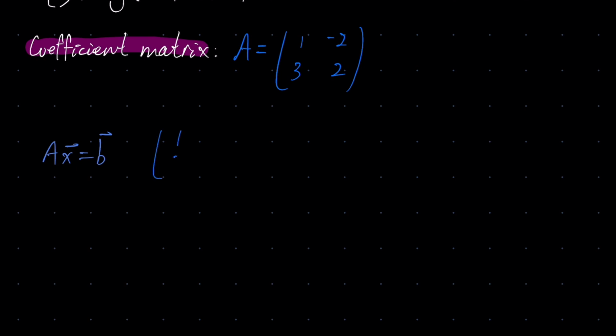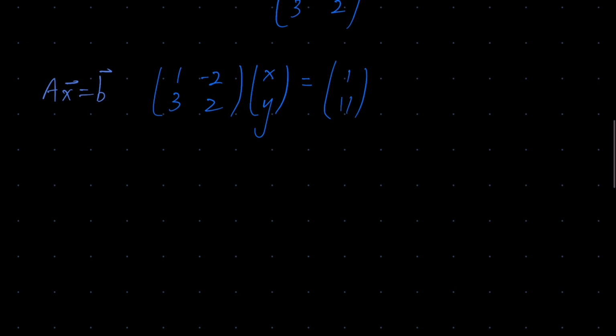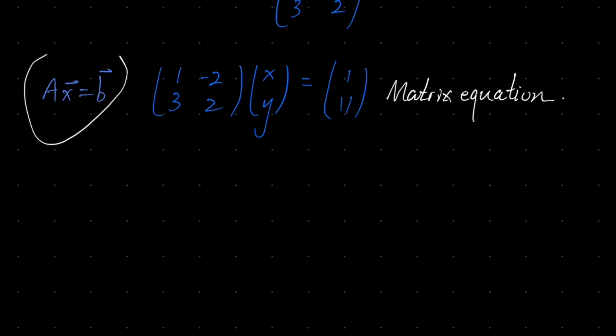Expanding this, we have the matrix with columns (1, 3) and (-2, 2) times vector x, which are the unknowns. Don't confuse this x with the x we used above. And we have the right-hand side vector b, (1, 11). Now, we have successfully written this in terms of the matrix equation. We call this the matrix equation. And in fact, this particular form will be governing your linear algebra course.